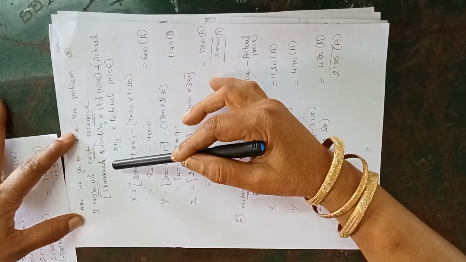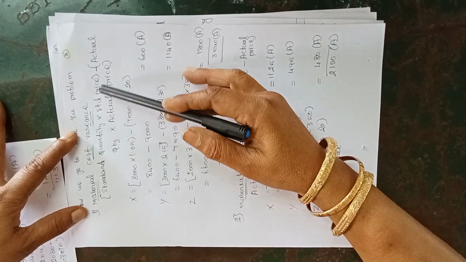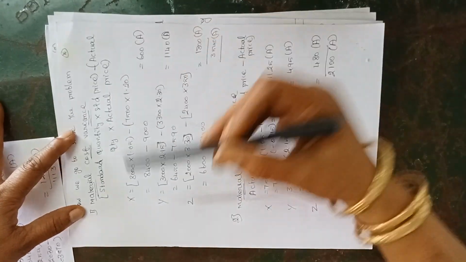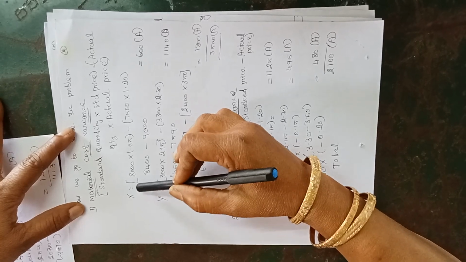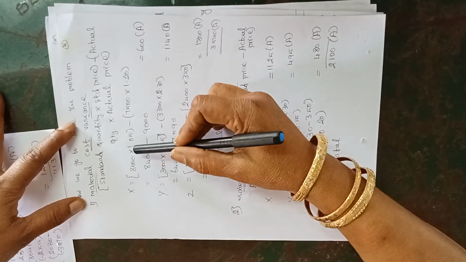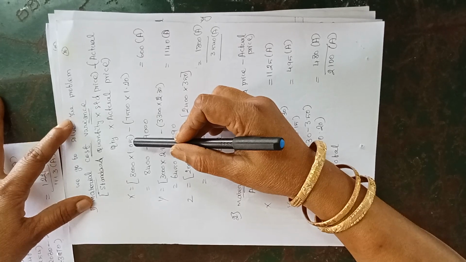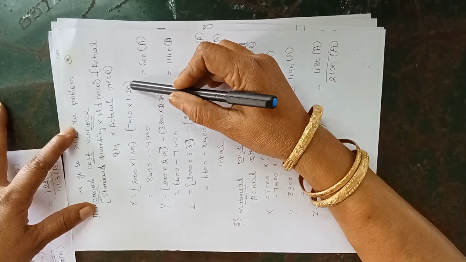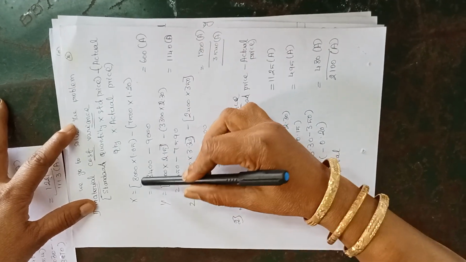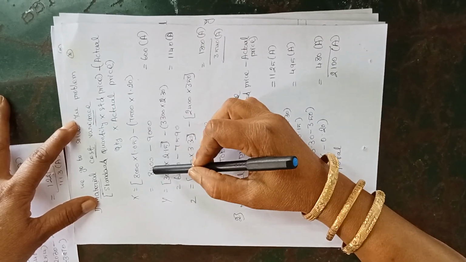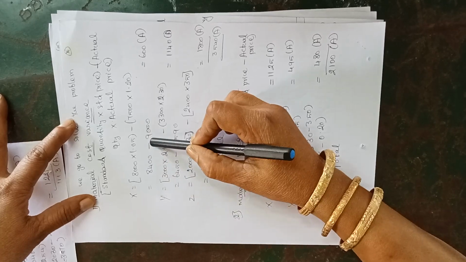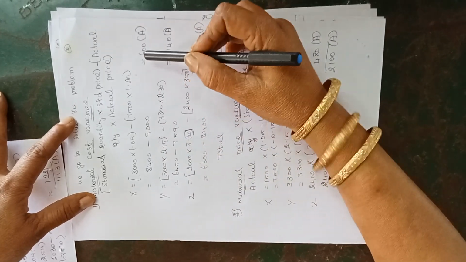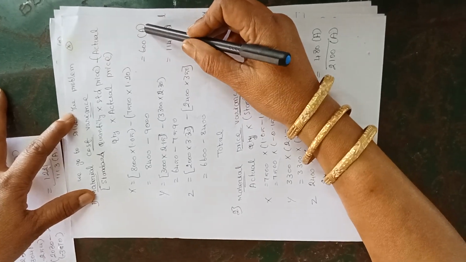Material cost variance formula: standard quantity into standard price minus actual quantity into actual price. X equals 8000 into 1.05 minus 7500 into 1.20. 8000 into 1.05 equals 8400, minus 7500 into 1.20 equals 9000, which equals 600 adverse.